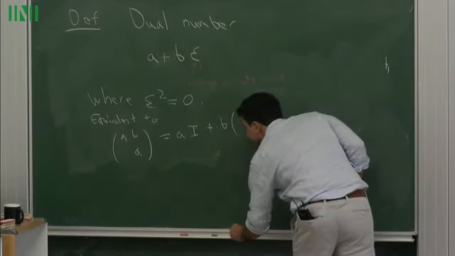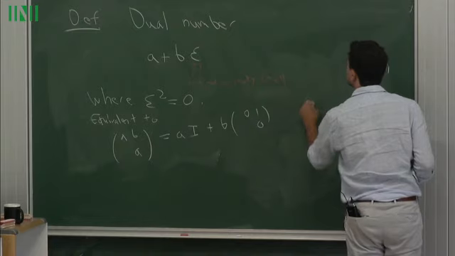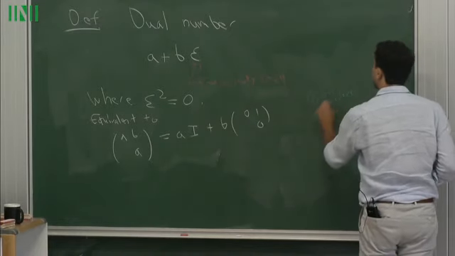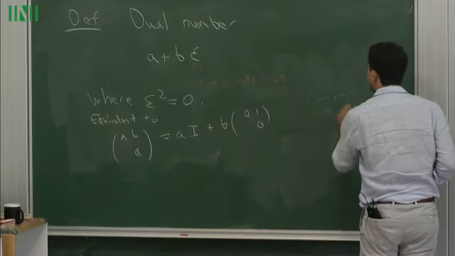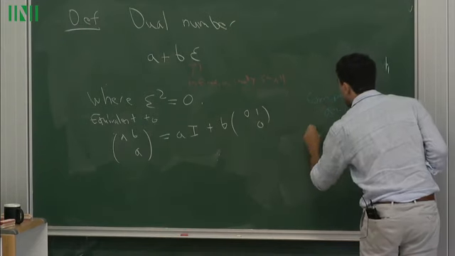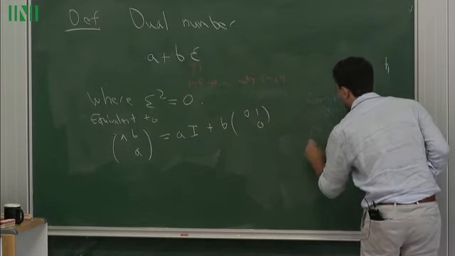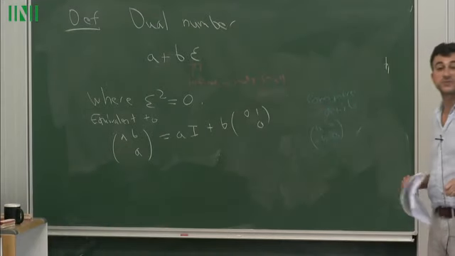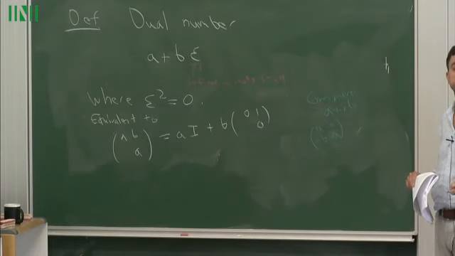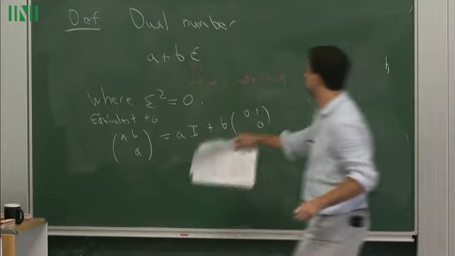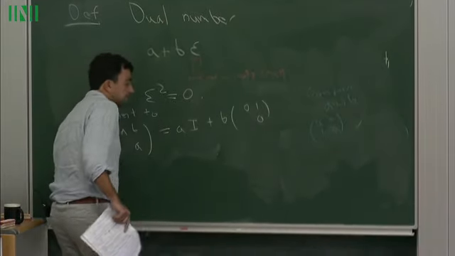So we could compare with A plus iB, which is equivalent to the matrix A, B, minus B, A. Okay, so just as complex numbers can be thought of in this matrix version, we can do the same thing with dual numbers.